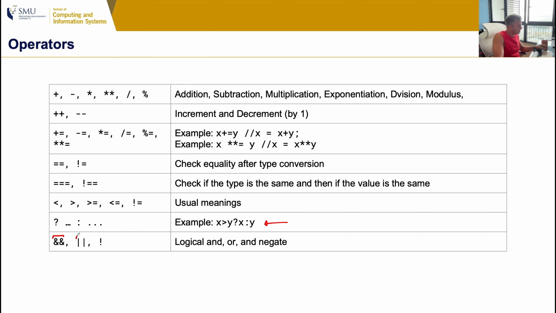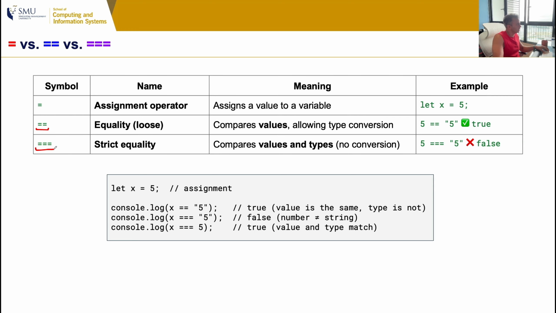Then logical and, or, and negation. Those things you will get used to. We talked about strict equality. Strict will compare not merely the values but also the types. So if you try to compare 5 with string 5, loose comparison will say, okay, this person is trying to compare 5 to a string, let me help by converting one of them to the type of the other.